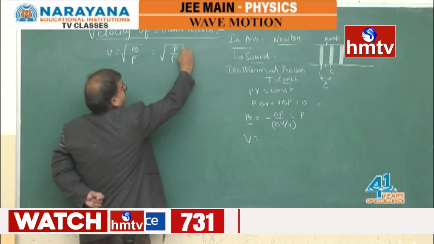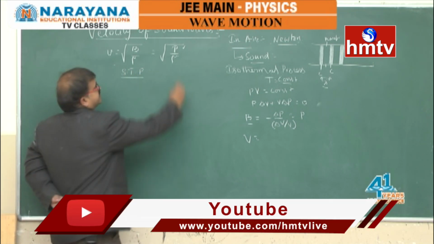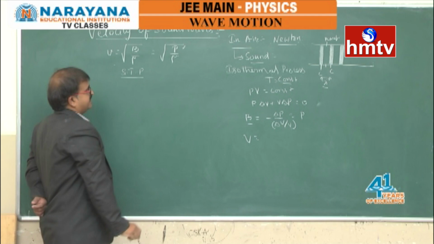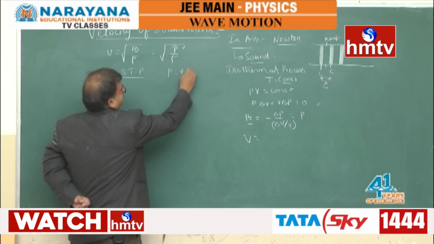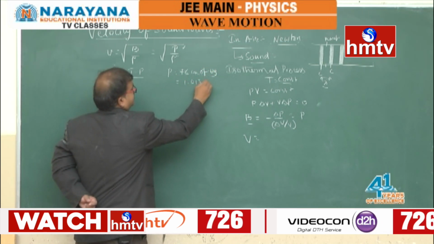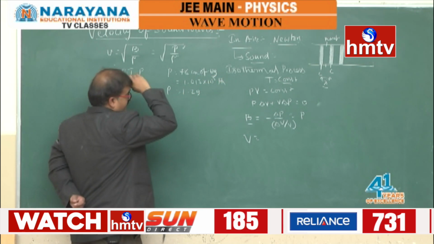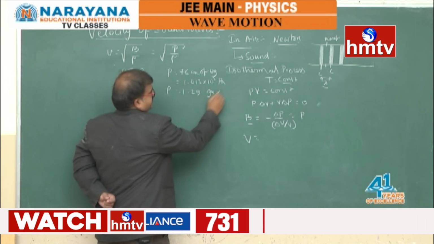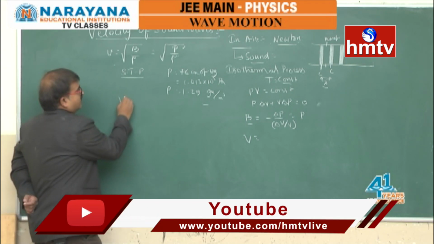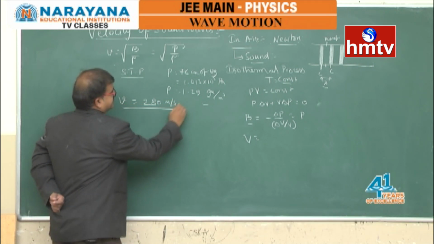But if you take normal atmospheric pressure, standard temperature and pressure conditions, and substitute the pressure value, 76 centimeters of Hg, that is 1.013 into 10 to the power of 5 pascals, and the density 1.29 kilogram per meter cube, which is the density of air, then by substituting all the values, he got the velocity V equal to 280 meters per second.